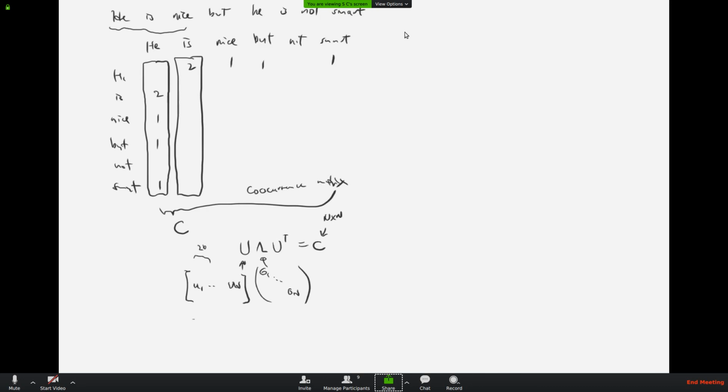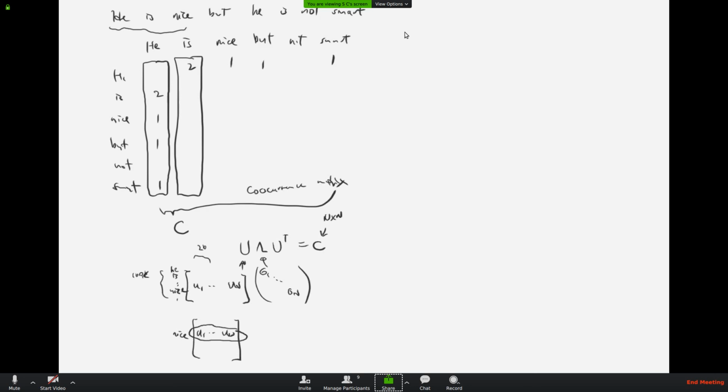More precisely, I have U1 up to U20 here. If I have a particular word, let's say nice, among all these words, which should be like 100,000 words or so for English, then my representation is simply this one.